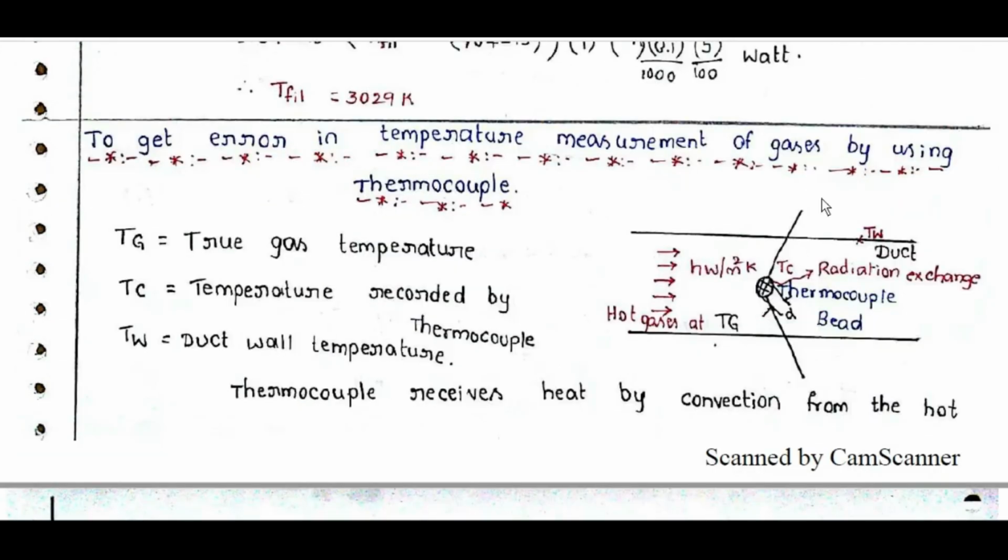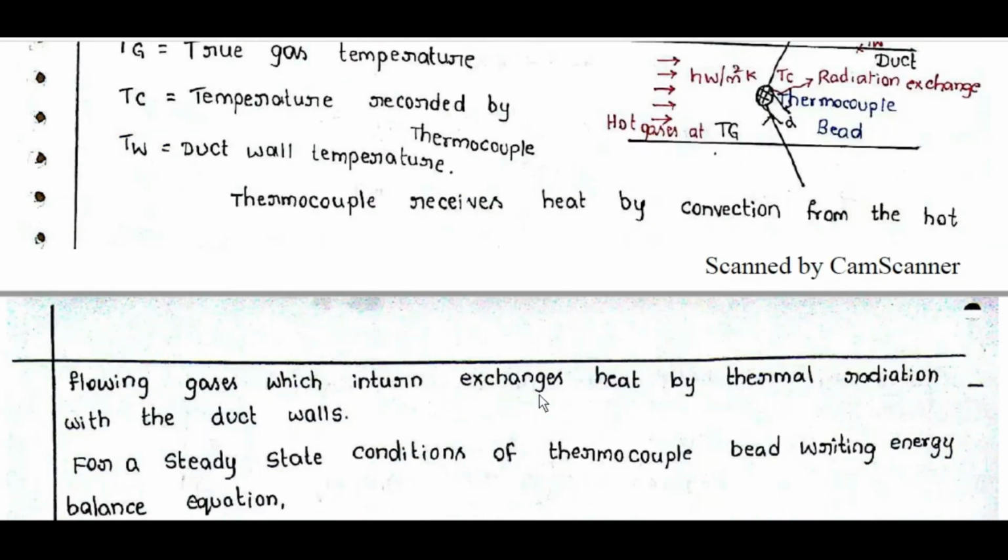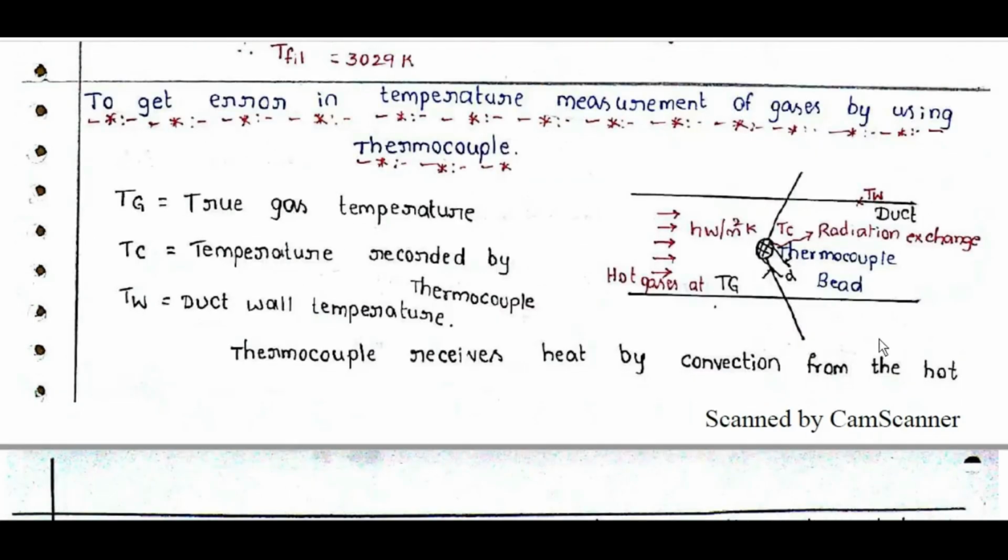To get the error in temperature measurement of gases by using a thermocouple: Tg is the true gas temperature, Tc is the temperature recorded by the thermocouple, Tw is the duct wall temperature. The thermocouple receives heat by convection from hot flowing gases, and in turn exchanges heat by thermal radiation with duct walls.